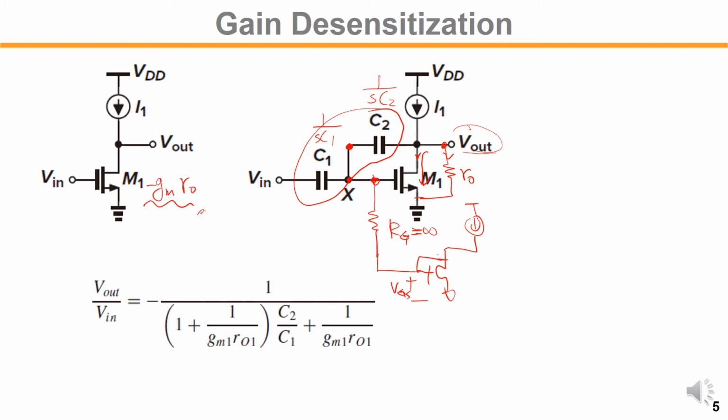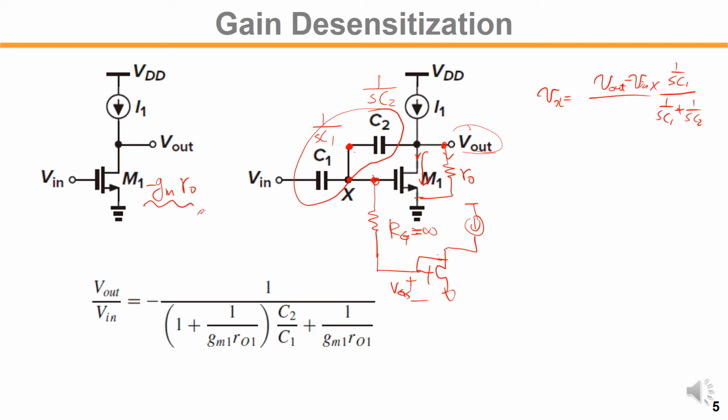So V in and V out. First, the Vx node: Vx equals what? V out minus V in, times an impedance division, right? We have an impedance divider there. So we calculate 1 over SC1 times 1 over SC2 plus 1 over SC1.